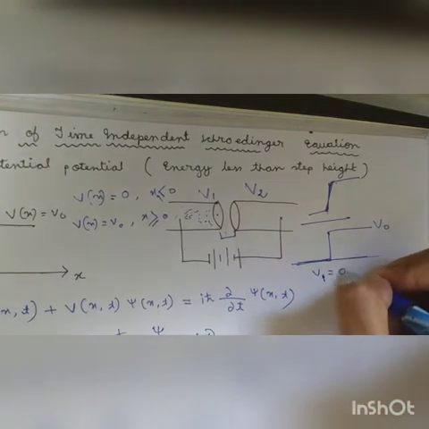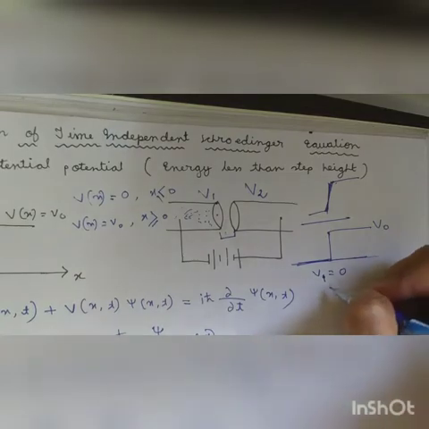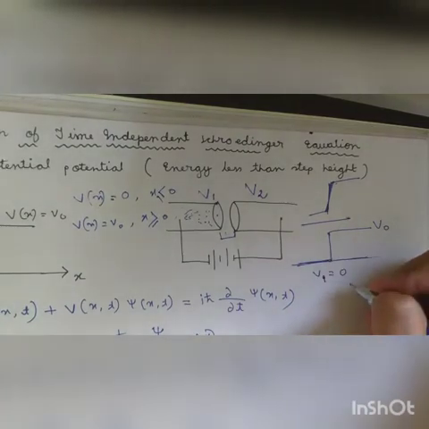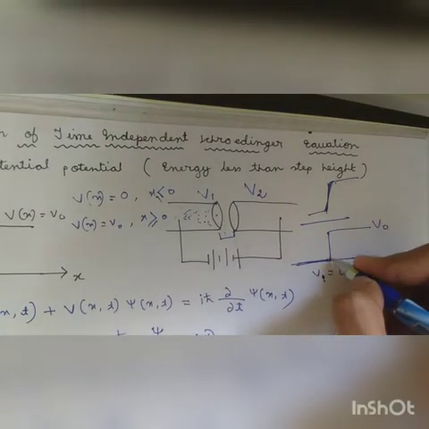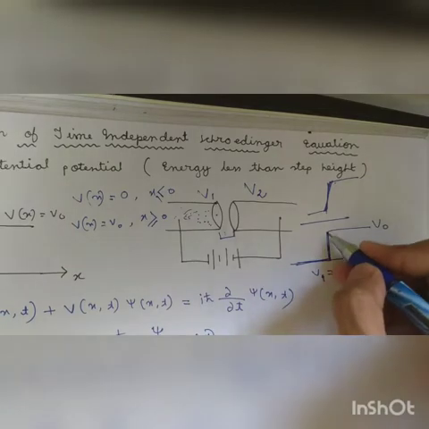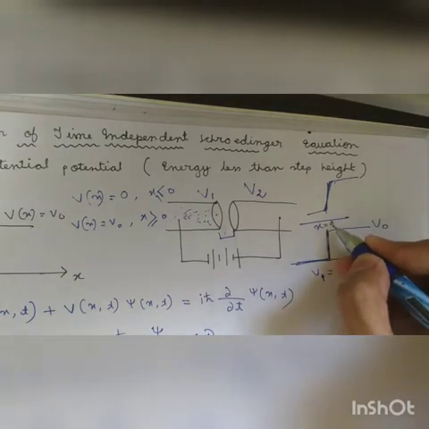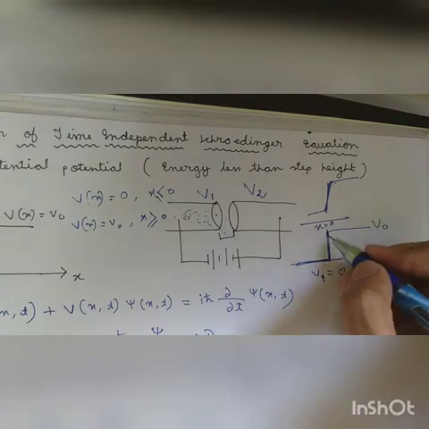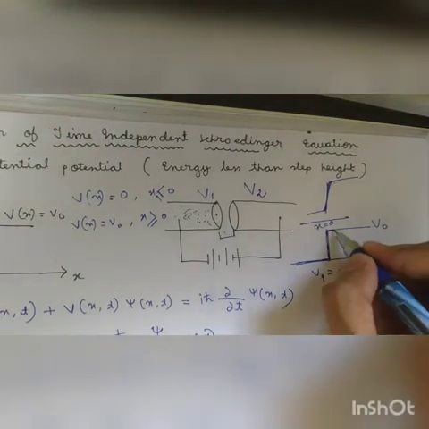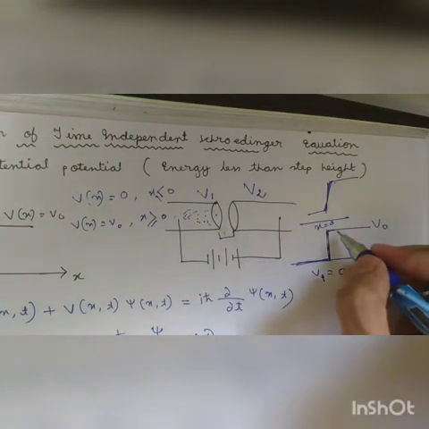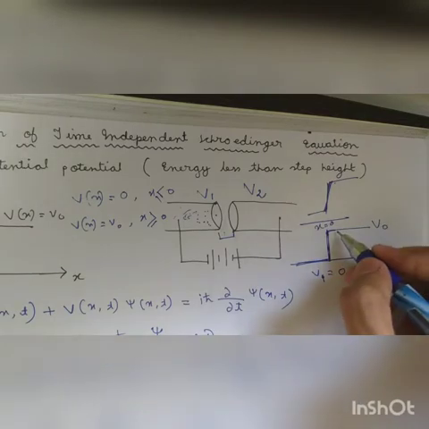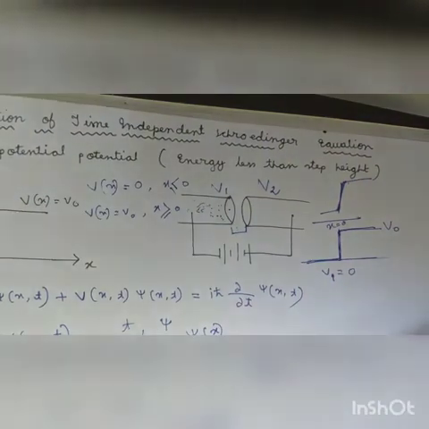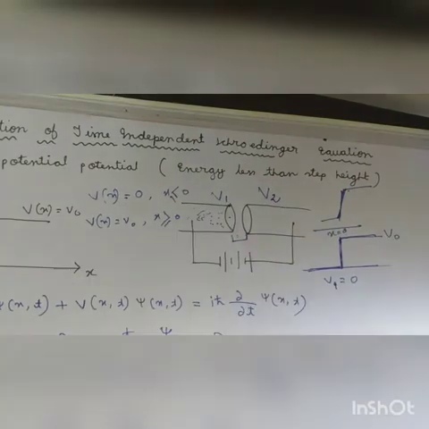It can be anything actually, but V equals 0 is the simple case, and we have taken the step at x equals 0 because it gives us the liberty to solve the equations more easily. It is for mathematical convenience that we are considering all these things.